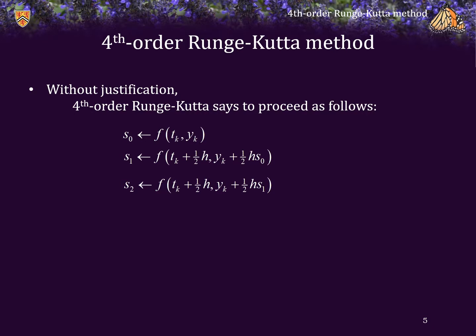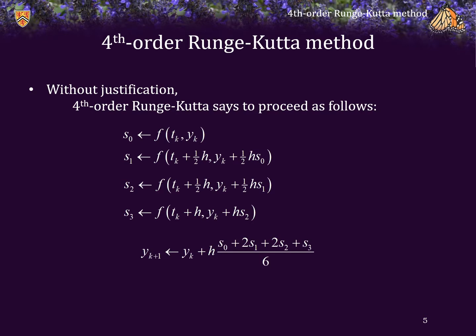We'll call that next slope S2, and then we will follow that slope out a distance h. There we will calculate the slope at that third point, and we will call that slope S3. We now have 4 different samples of the slope, one at the left-hand endpoint, 2 samples in the middle, and 1 at the right-hand endpoint.